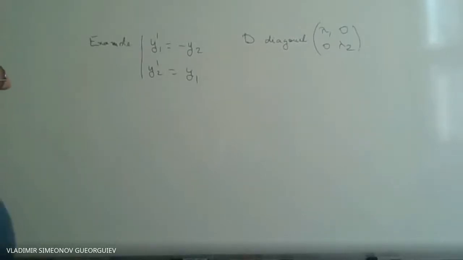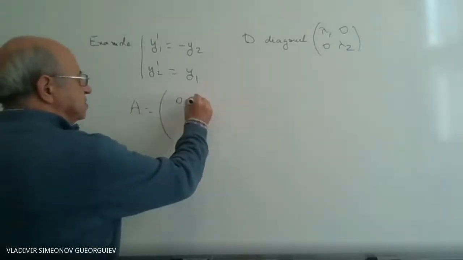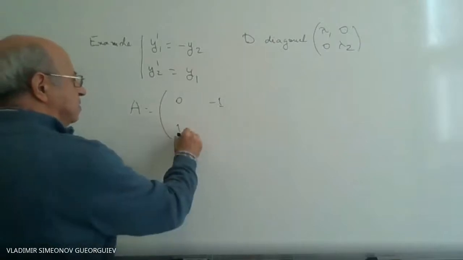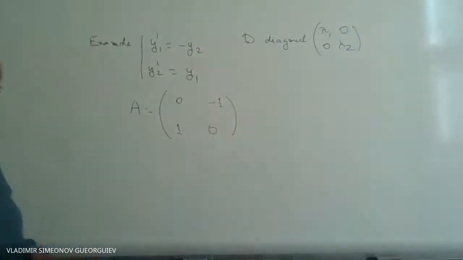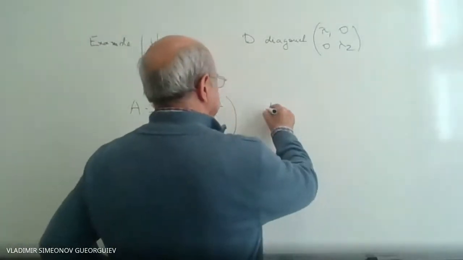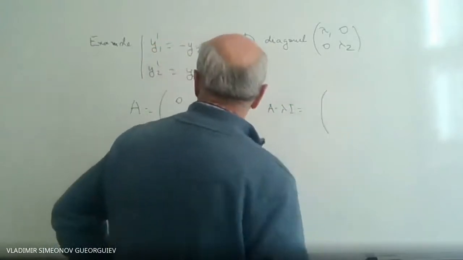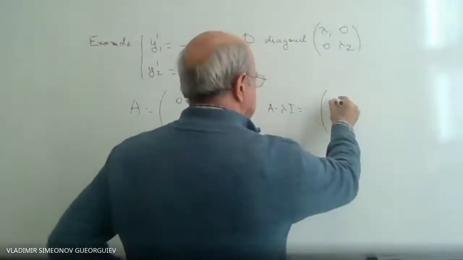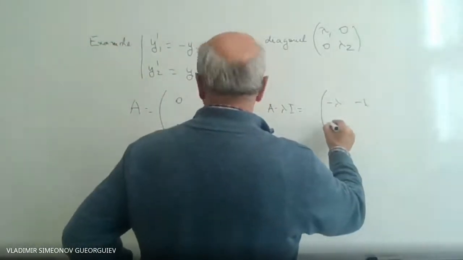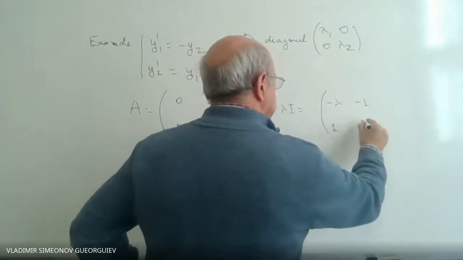Let us try to see what our matrix A is. Our matrix is 0, minus 1, and here we have 1, 0. We have to find the characteristic equation. So we start with A minus lambda I. In our case, this is minus lambda, minus 1, 1, minus lambda.